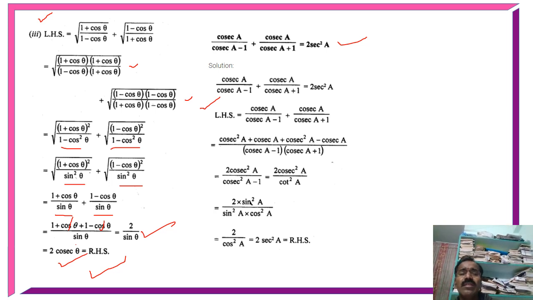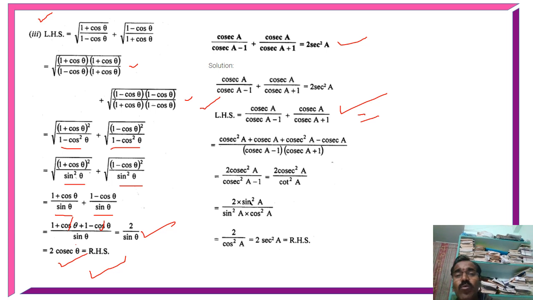So here what is the LCM? First step, LHS, after taking the LCM. LCM is cosecant A minus 1 into cosecant A plus 1. Then after cross multiplication, in this step we get cosecant A into cosecant A plus 1 plus cosecant A into cosecant A minus 1.